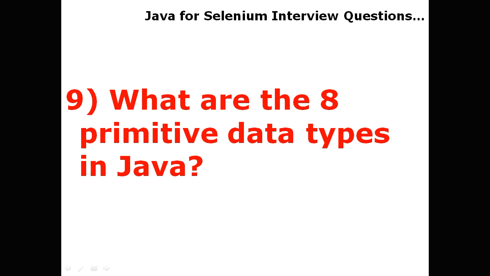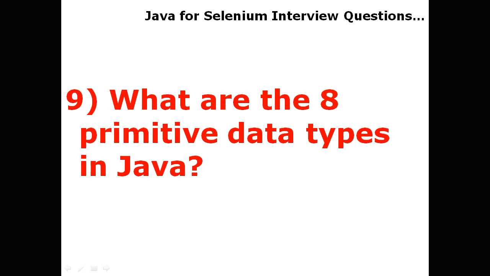Next, subcategories of primitive data types. First subcategory, integer data types. 4 integer data types: one is byte, second one short, third one int, fourth one long. All are for integers only, but size is different, memory allocation is different.